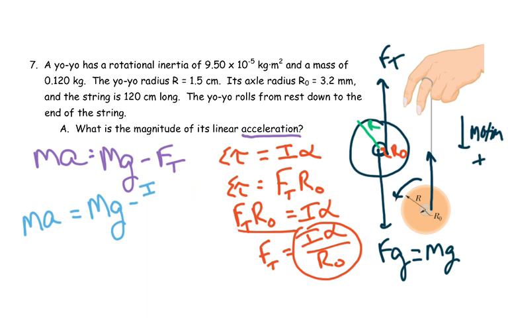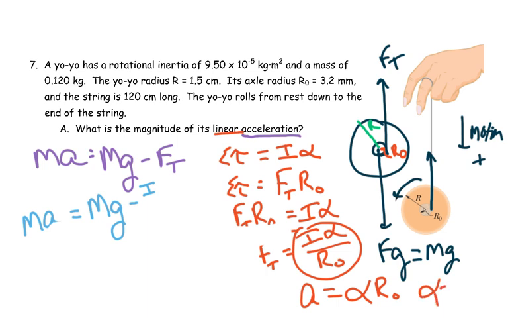We either have to make our angular acceleration in terms of linear acceleration, or change our linear acceleration over here into angular. But they're asking you for linear, so we need to convert our angular to linear. Linear acceleration is equal to the angular acceleration times the radius.